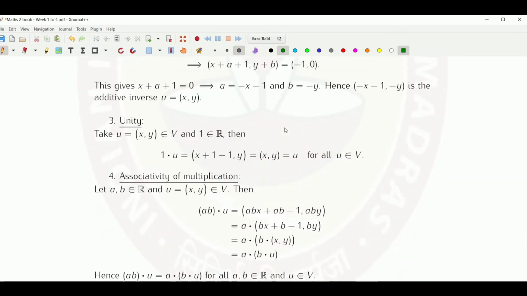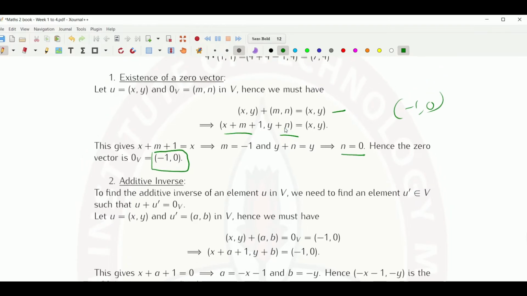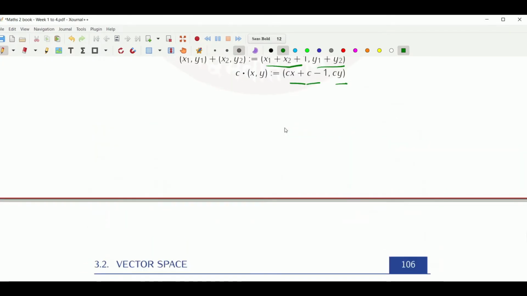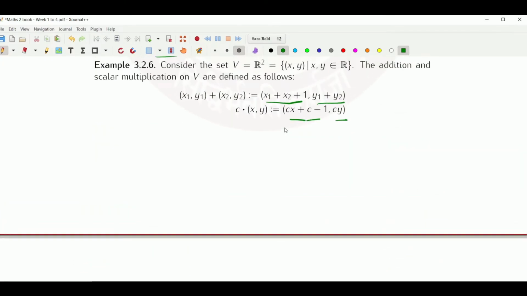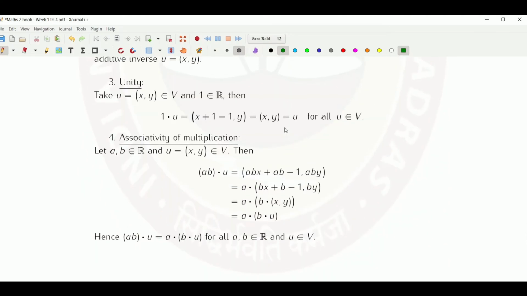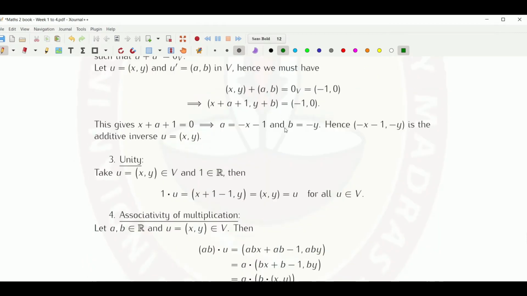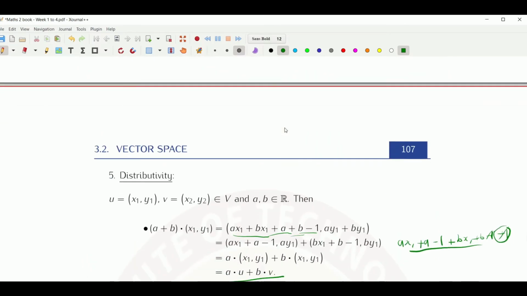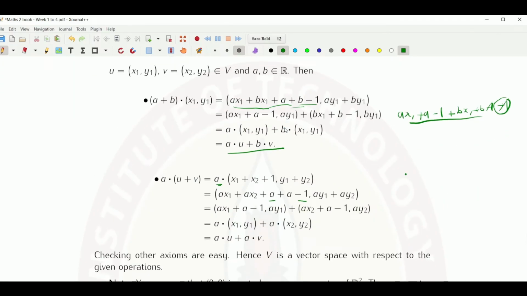Let's check the scalar multiplication definition once. It is c dot (x, y) equal to (cx plus c minus 1, cy). So from there we will get cx plus c minus 1, and cy.